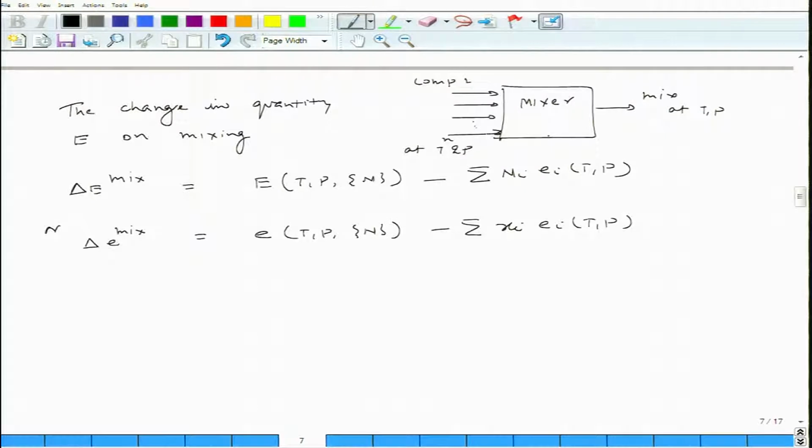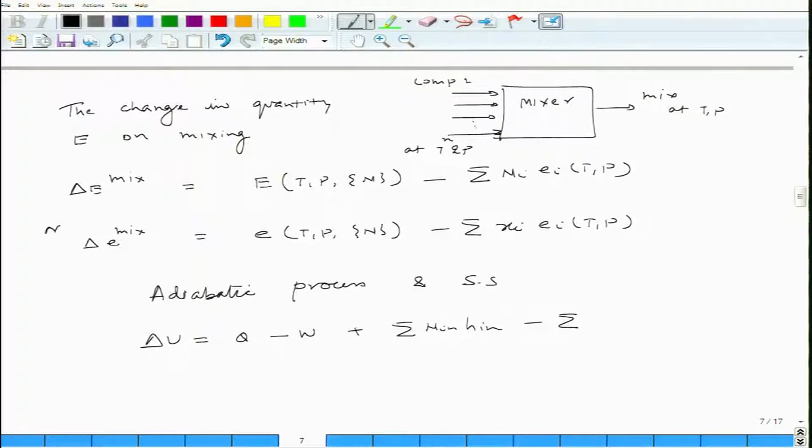Now, let us consider an adiabatic process and steady state. If you consider an adiabatic process, you can write down your first law in a continuous flow system: Q minus W plus summation N_in H_in minus summation N_out H_out.